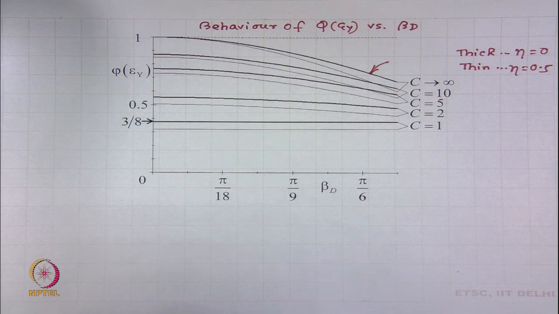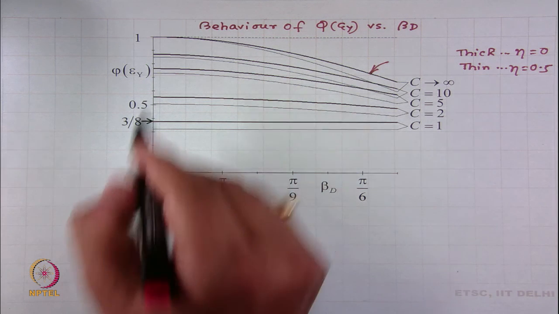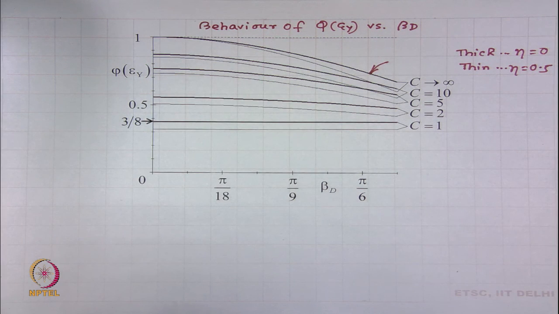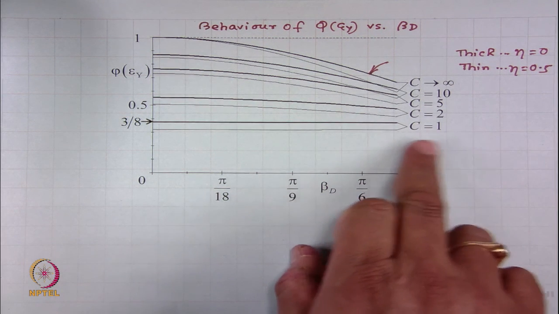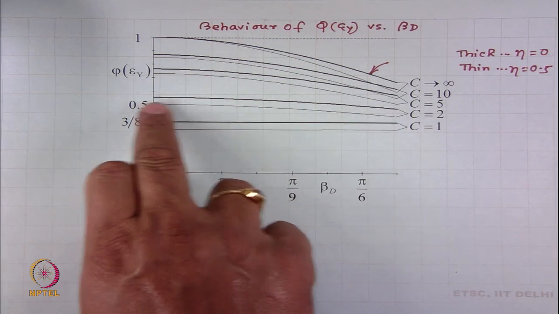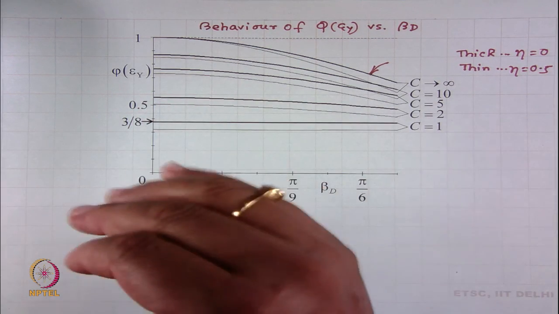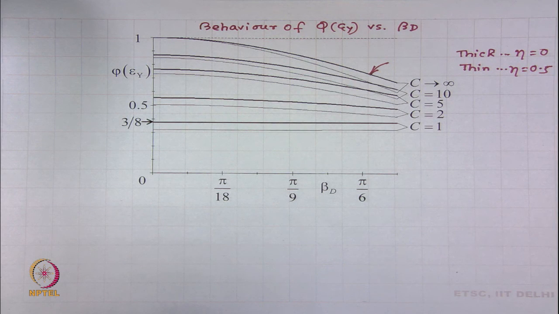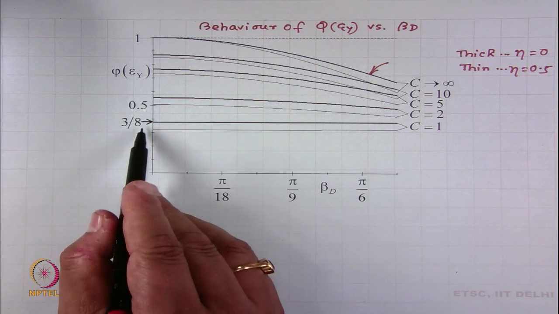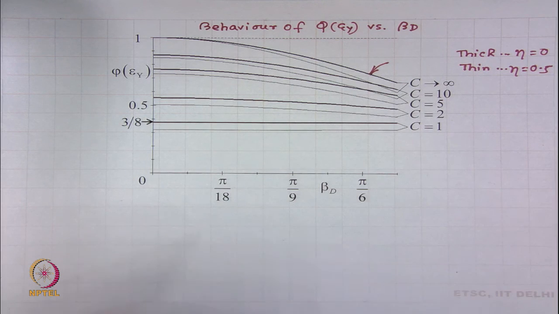When C is further low, C is equal to 5, the coefficient of utilization is further lower. When C is equal to 2, non-linearity is also reducing. When C is equal to 1, it becomes completely linear and the value is 3/8. However, C is equal to 1 is not true in case of naturally occurring twisted yarn.